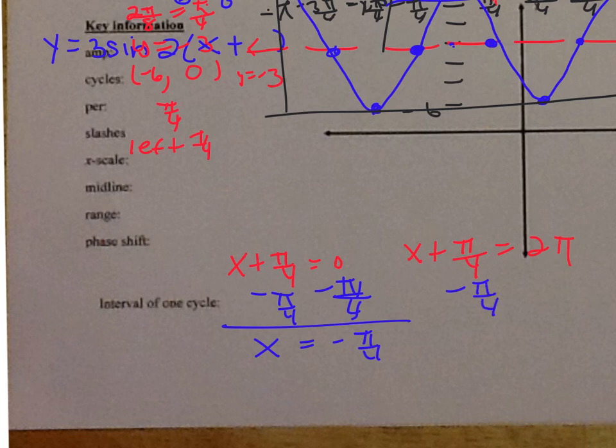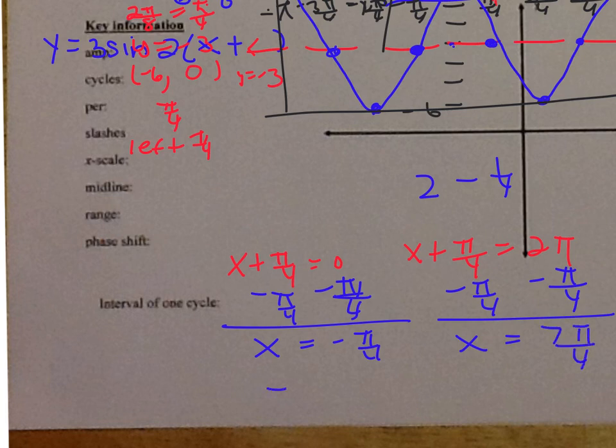Minus pi over 4, x equals, so you're going to do 2 minus 1/4. So 2 minus 1/4 would be 7/4. So it would be 7 pi over 4. So it would be from negative pi over 4 is less than or equal to x is less than or equal to 7 pi over 4. Okay, so that's it, and have a good night.